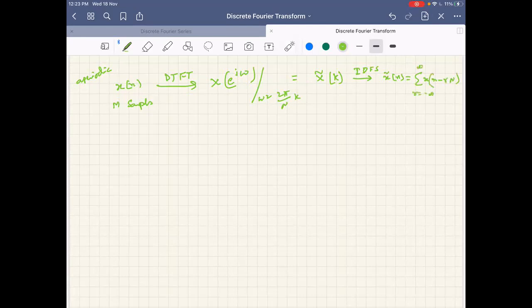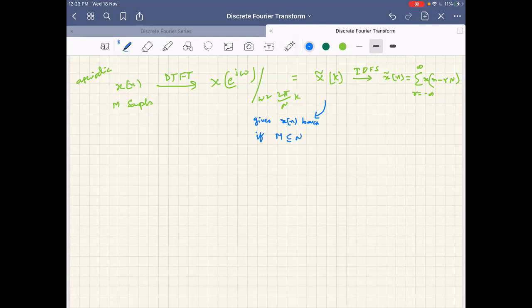So what this indicates is that it gives x of n back optimally if m is less than or equal to n, the number of frequency domain samples.